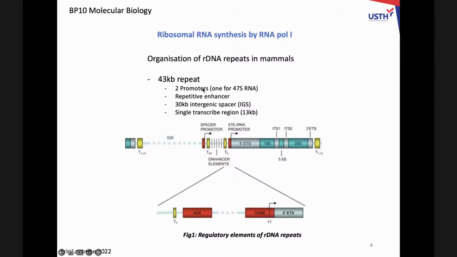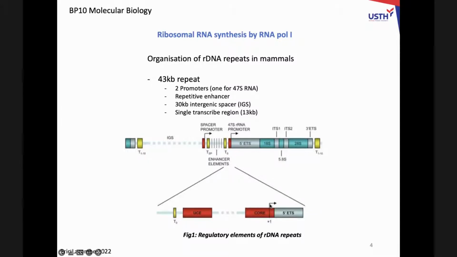The promoter written 47S RNA promoter is the one that is recognized by Pol 1, and I will show you how they can interact. The transcription will give rise to the pre-rRNA that is going to be split into different versions of the ribosomal RNA. I will come back later to the notion of promoter.